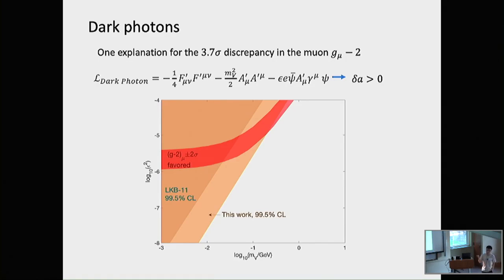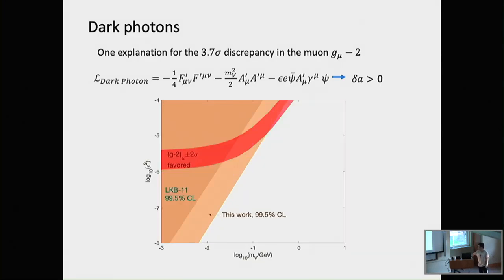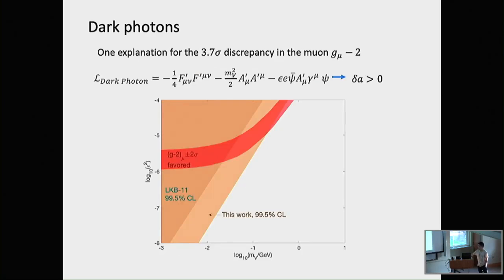So can the dark photon also explain our electron g-2 anomaly? Actually not, because if the dark photon were the reason, it would cause a positive shift of the electron gyromagnetic anomaly. But here we observe a negative one. So our result will constrain the dark photon instead of prove it.